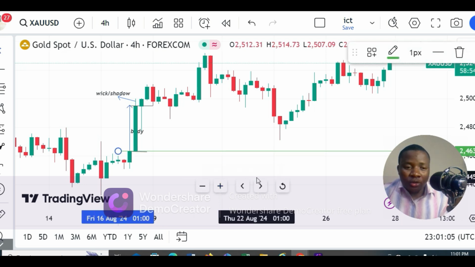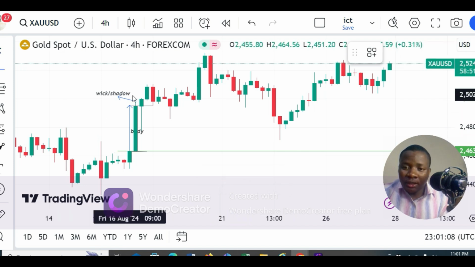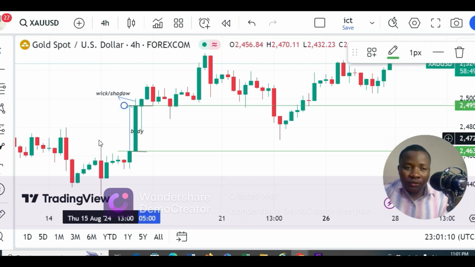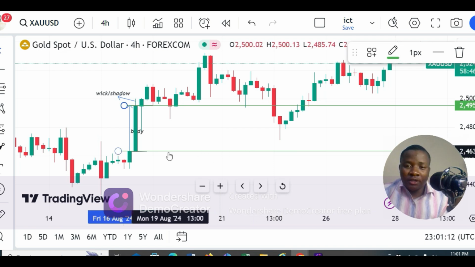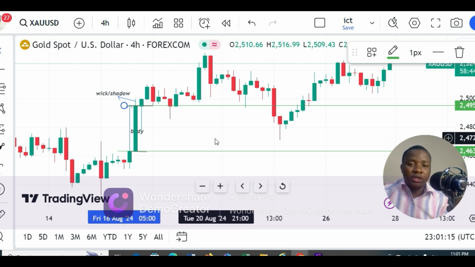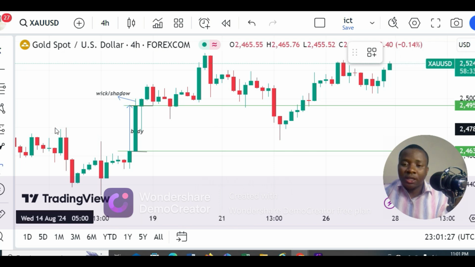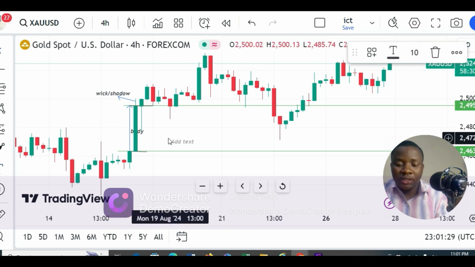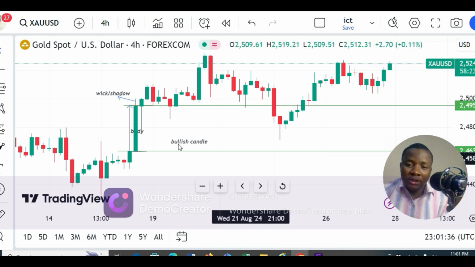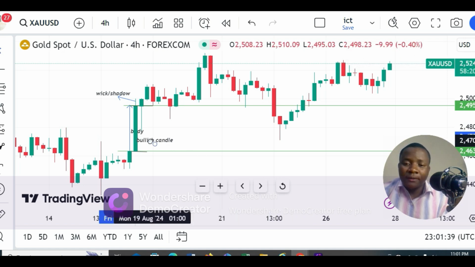The price opened at 24.63 and closed at 24.95. So that is a bullish candlestick. The opening price is lower than the closing price, or the closing price is higher than the opening price. That is when a bullish candlestick is formed. Here is a bullish candle.